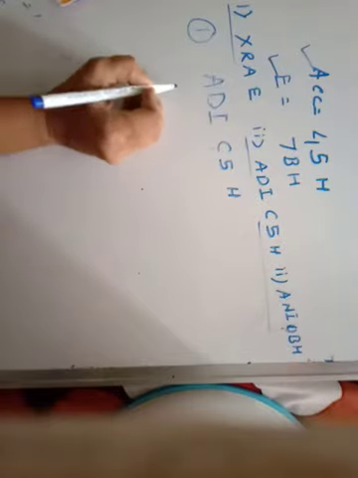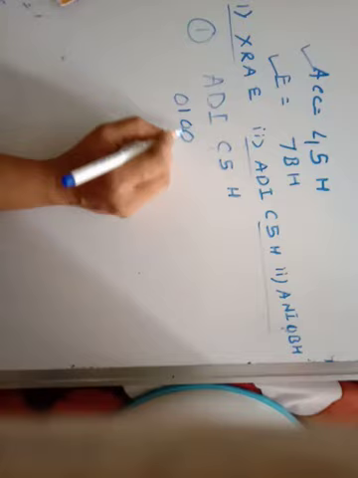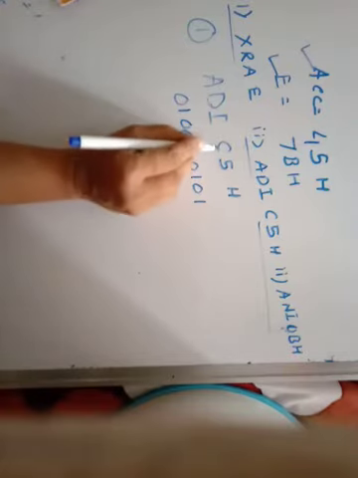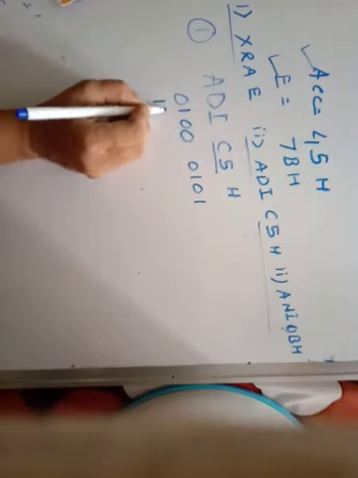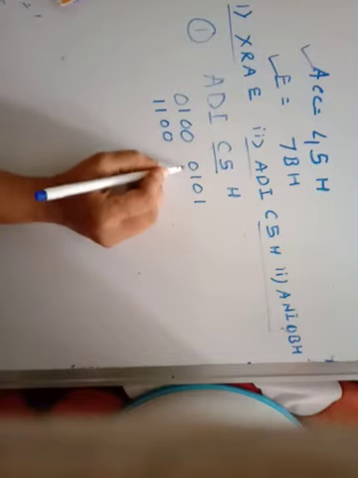So we have given the contents of accumulator, this is 0100 0101, and you have given the immediate data contents, these are 1100, and 5, again 0101.